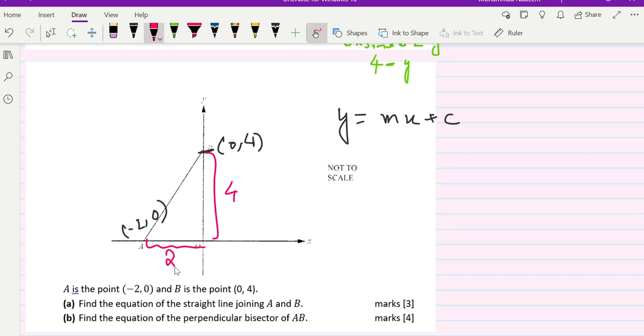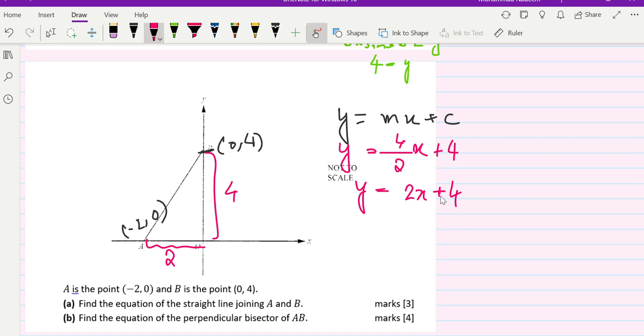So c is 4, plus x as it is, m is rise over run, so rise is 4 units, run is 2 units, equals sign as it is, and y. Let's simplify this further. So y will be 2x plus 4, which is the equation of this line, demanded for part A.